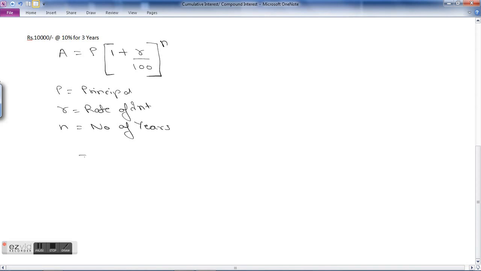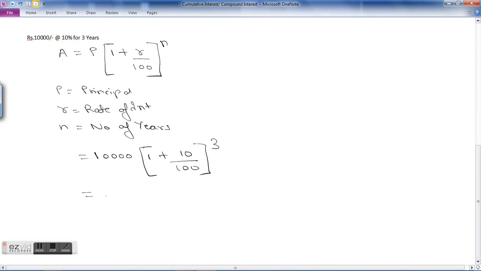So the principal, that is 10,000, into 1 plus 10 by 100, the whole raised to n, the number of years, which is 3.